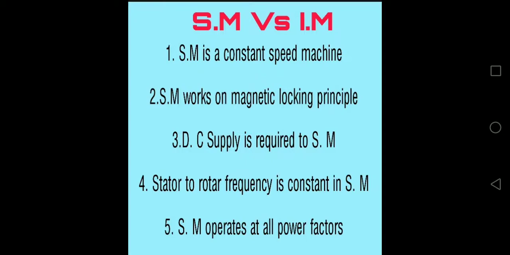If over excitation is given, then a synchronous machine operates at a leading power factor. If normal excitation is given, the synchronous machine operates at unity power factor, and if under excitation is given, a synchronous machine operates at a lagging power factor condition. So the same synchronous machine can work as an inductor, resistor and capacitor.